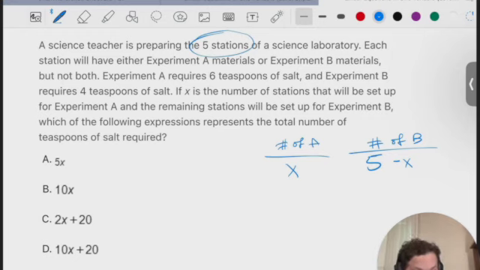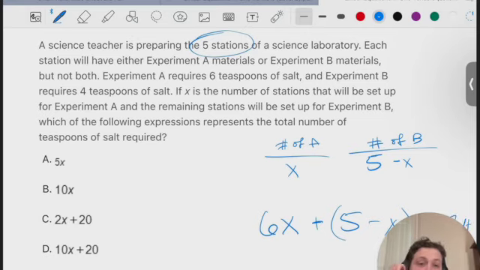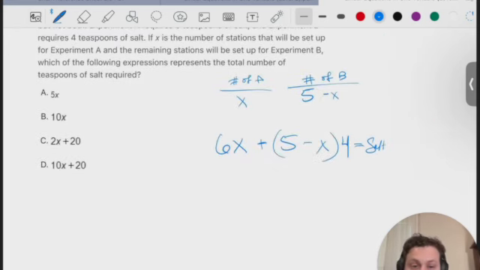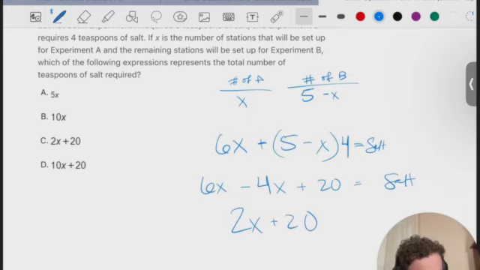In experiment A, there'll be 6 tablespoons of salt required, plus 5 minus X, but this requires 4 tablespoons of salt, and it will equal the total amount of salt. I don't think that the fact that it equals salt is important, but anyways, let's distribute. 6x minus 4x plus 20 equals the total amount of salt we used. So 2x plus 20 equals total amount of salt we used. We're going to go with C.